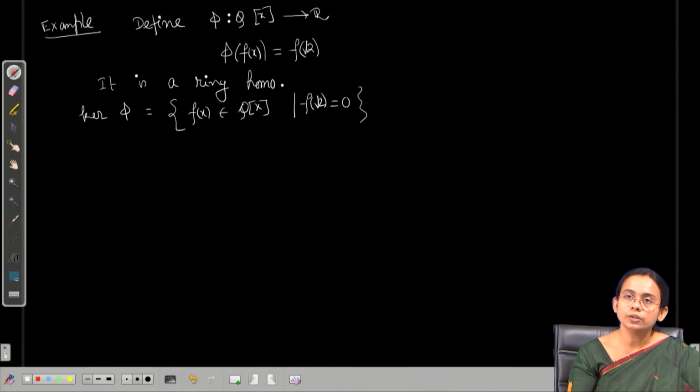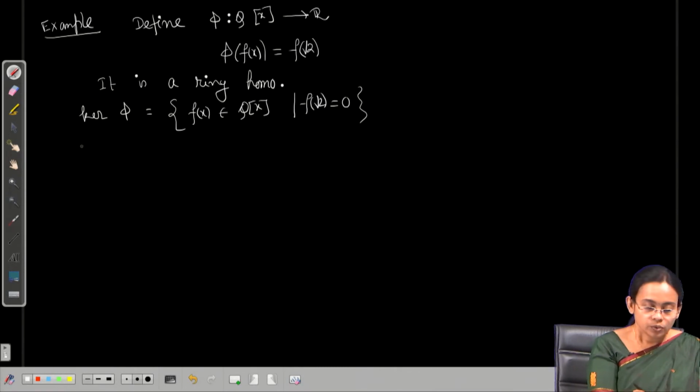Since these polynomials have coefficients over the rational numbers, no polynomial of degree 1 can have root 2 as a root. So, if the polynomial is in the kernel, then its degree has to be greater than or equal to 2.